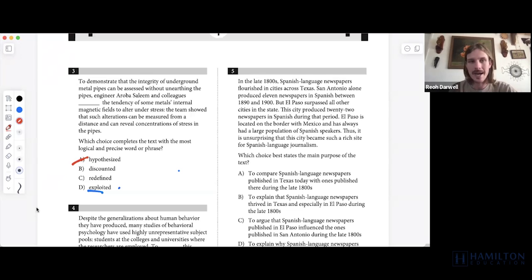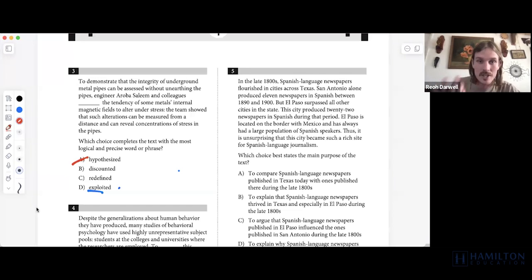But clearly in this passage, the engineer and the colleagues know that metals' internal magnetic fields alter under stress. That tendency of metals is not something that we don't yet know and need to test to find out if it is true or not. It is true. They know it's true, right? They just wanted to show that you could use that tendency.